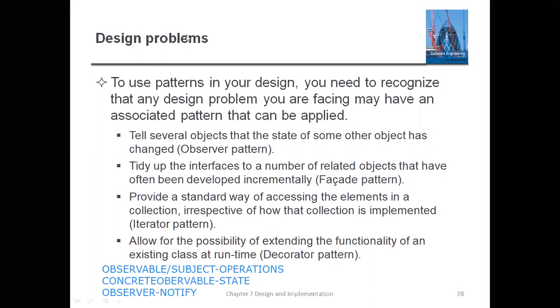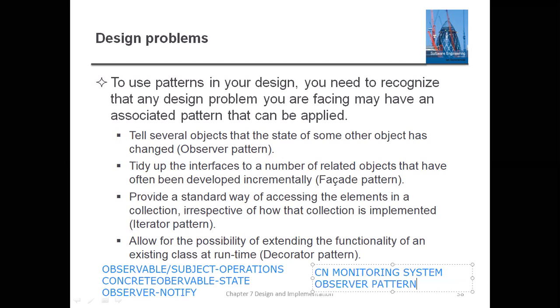I'll write it down here. So if the question has a computer network monitoring system, who will be your observer pattern? You need to remember who is your observer here, from where you are going to observe all these things.